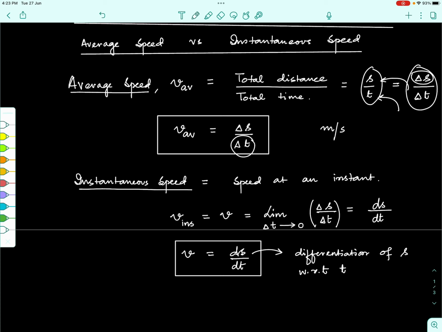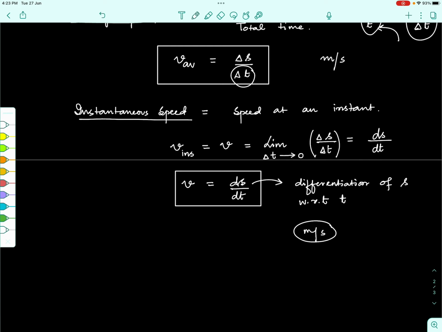It is the same differentiation that we do in mathematics, differentiating functions with respect to the variable on which they depend. So, here we get a new expression for speed when we try to find out the speed of a body at a particular instant. See that this expression is still like a distance divided by a time, so the unit will still be meter per second only, there will be no change in the unit, right.